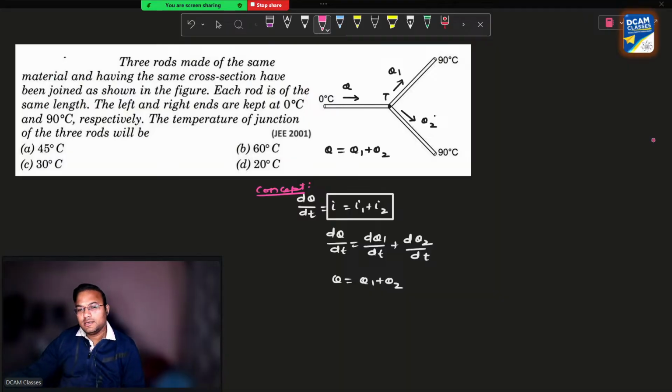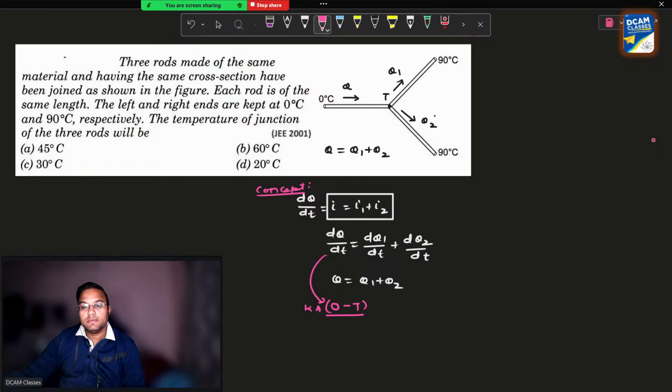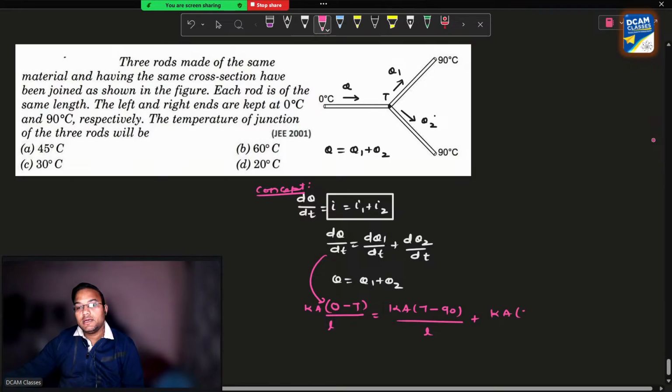Same length, no? If we move from here, dQ by dt: KA into 0 minus T by L is equal to KA into T minus 90 by L plus KA into T minus 90 by L. This you can cancel out.